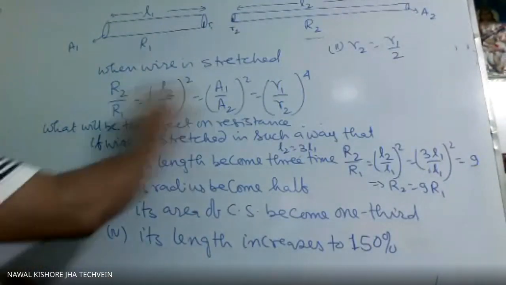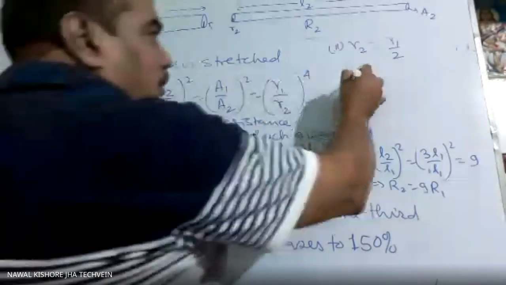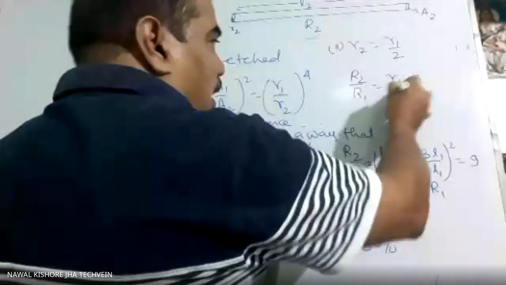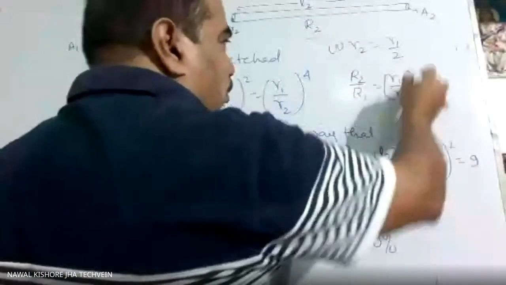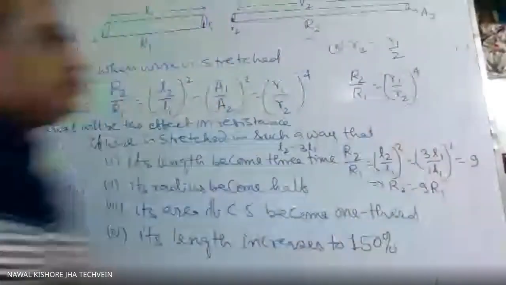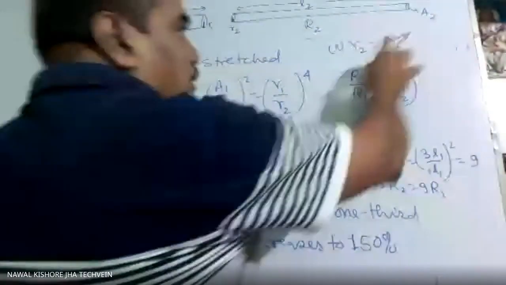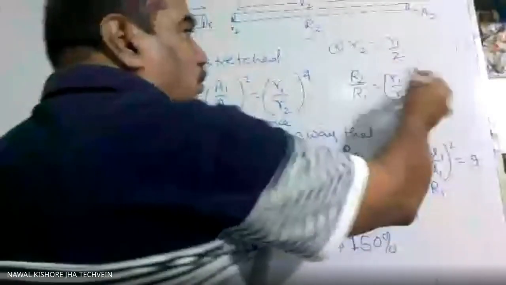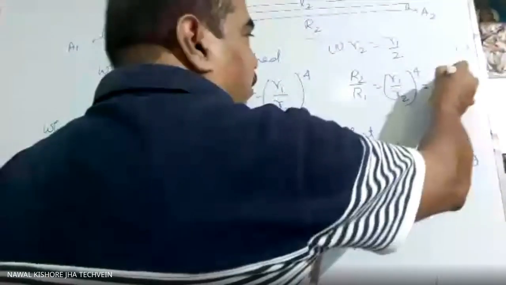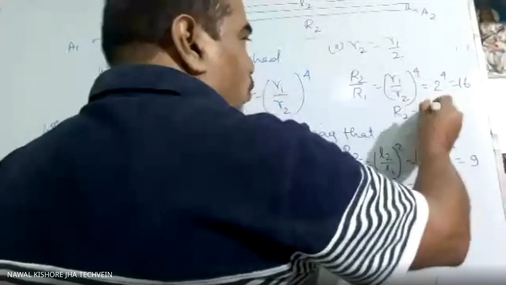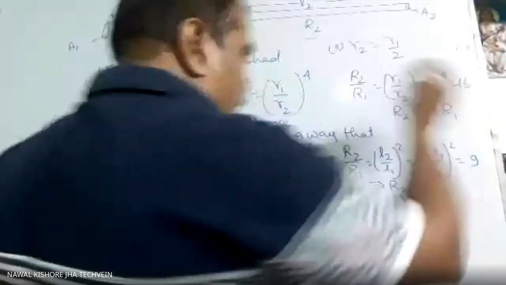So we'll use this one. R2 by R1 is R1 by R2 whole to the power 4. In place of R2, we'll write R1 by 2. So it will become 2 to the power 4, 16. So R2 will become 16 times R1.